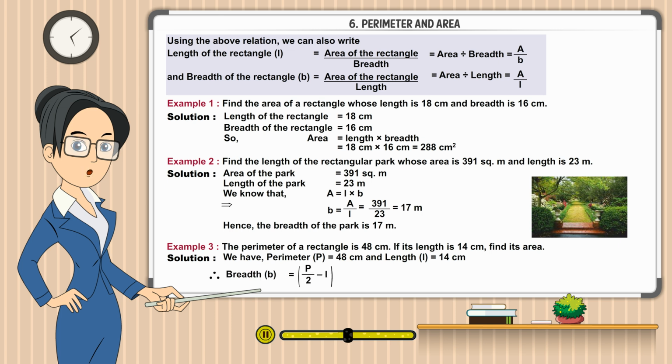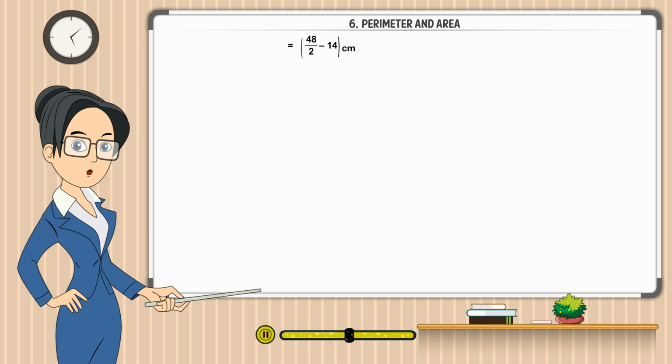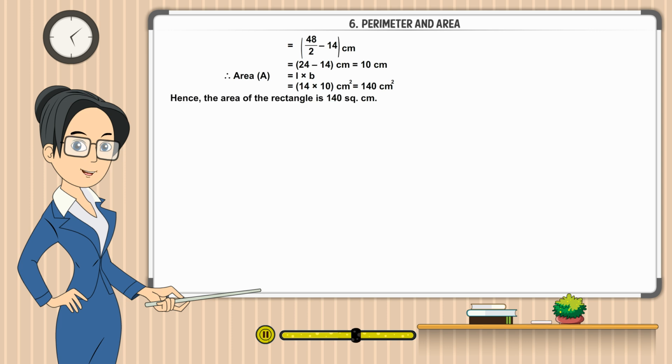Therefore, breadth B is equal to P upon 2 minus L is equal to 48 upon 2 minus 14 centimeter is equal to 24 minus 14 centimeter is equal to 10 centimeter. Therefore, area A is equal to L into B is equal to 14 into 10 centimeter square is equal to 140 centimeter square. Hence, the area of the rectangle is 140 square centimeter.